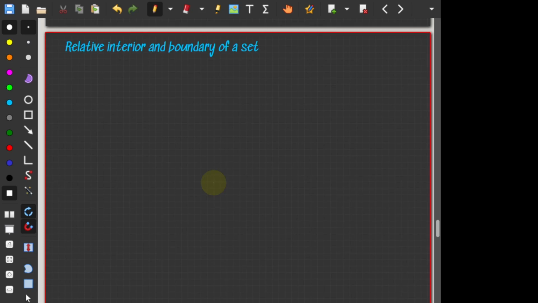Because I want the notion of interior, but now in a lower dimension than the dimension of the original space. My set S, which could be the set of constraints, is a subset of Rn. But when I look at the constraint set, it turns out to be a lower dimensional set than what was originally there.